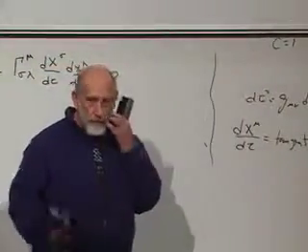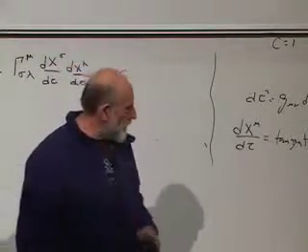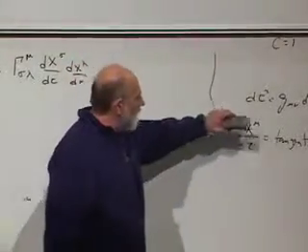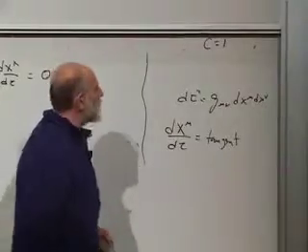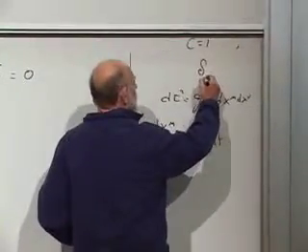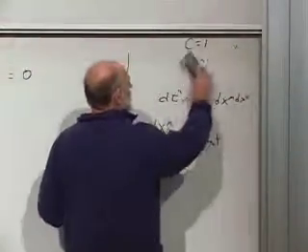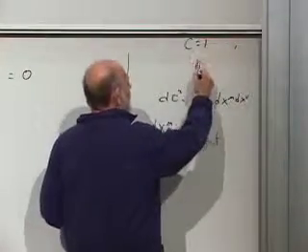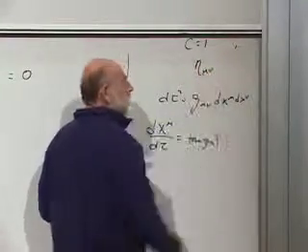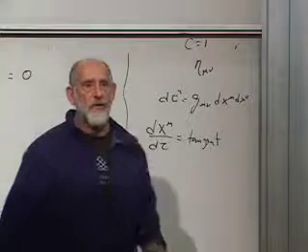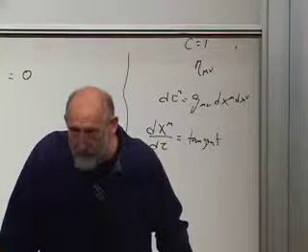Okay, there's an assumption involved there, and I'll tell you what the assumption is. The assumption that's involved is that g_μν is almost equal to η_μν. Remember what η_μν is? It's the metric of special relativity.